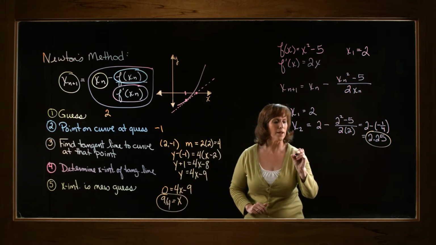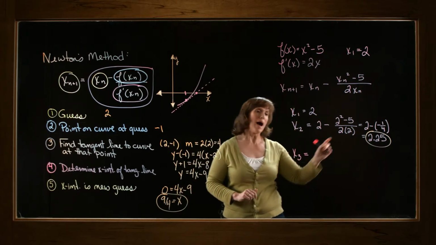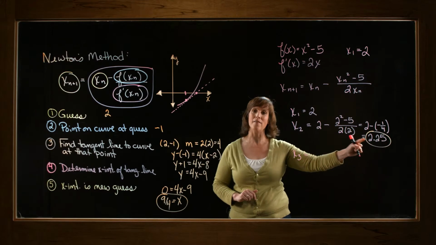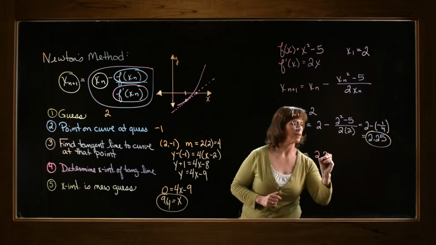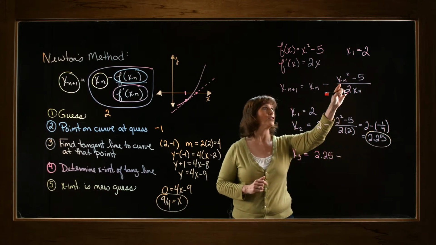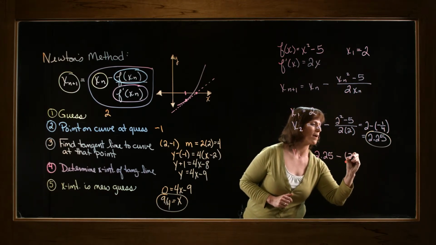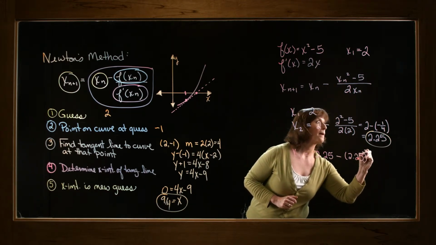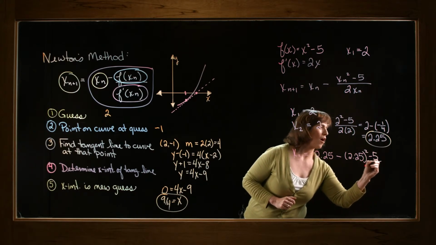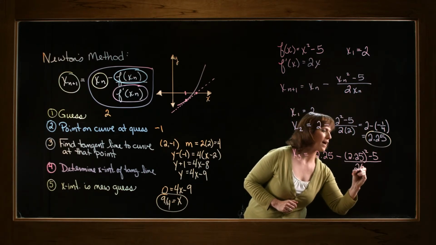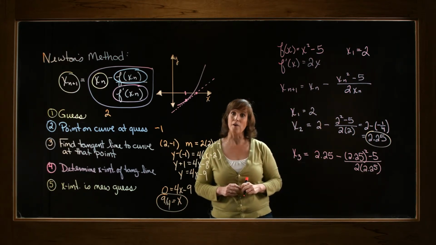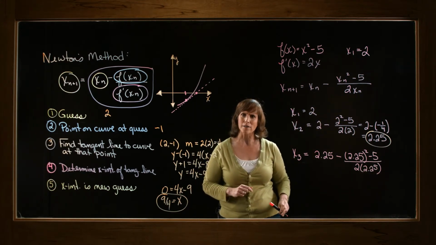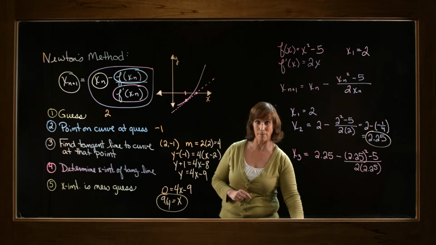For x sub 3, I'm going to use 2.25 as my new guess. So I'm going to have 2.25 minus 2.25 squared minus 5 all over 2 times 2.25. Now this one's going to require a little more number crunching, so I'm going to pull out my calculator.